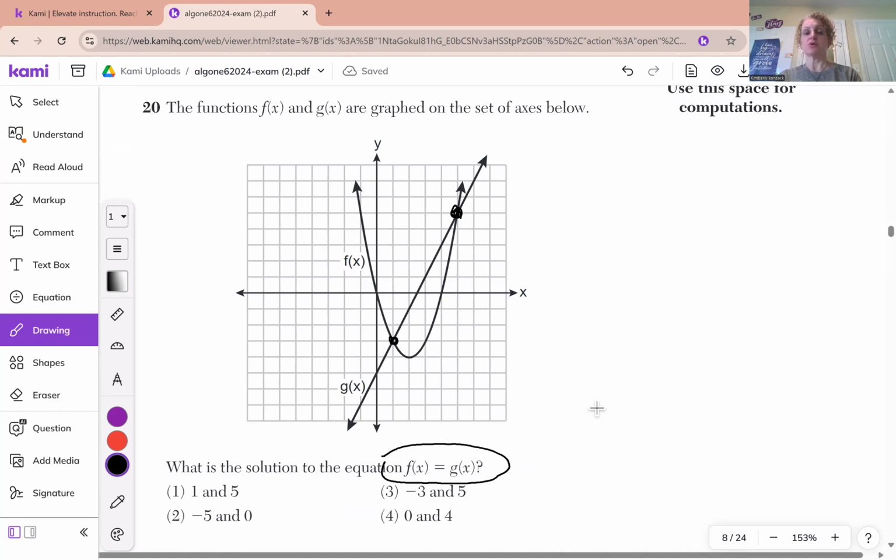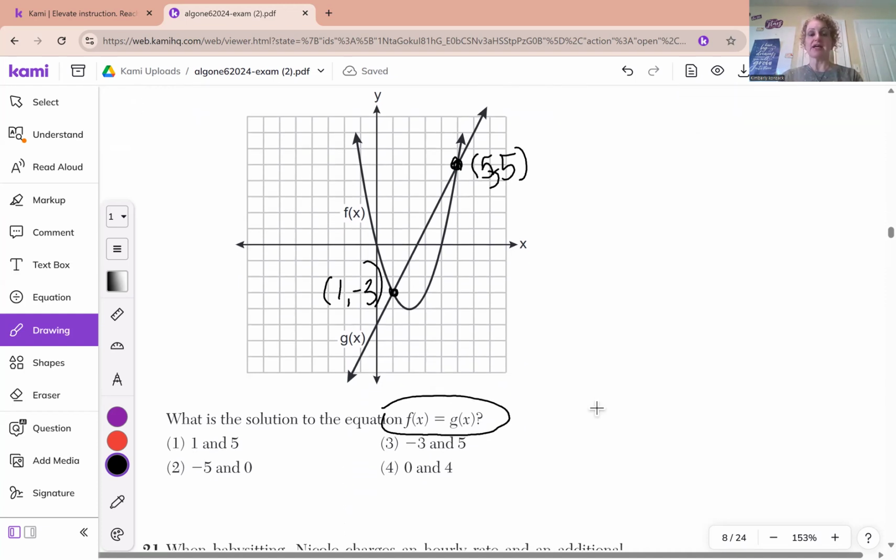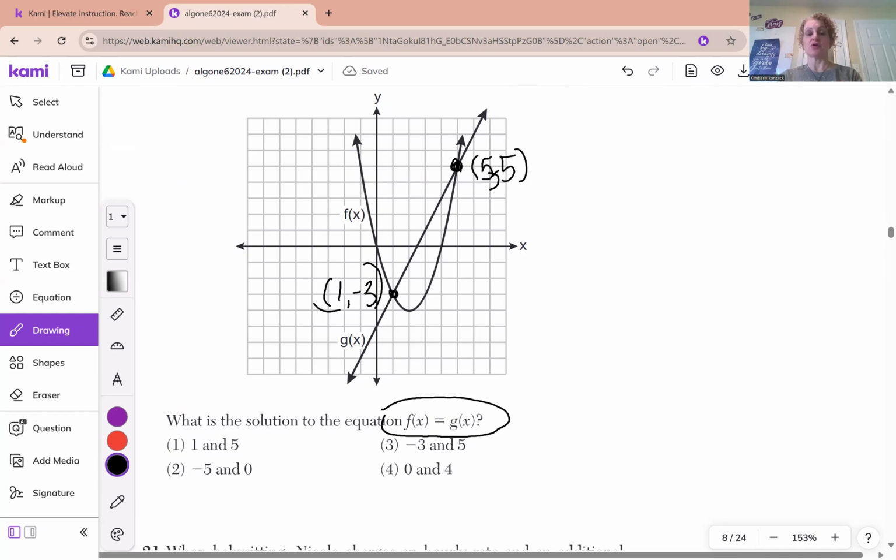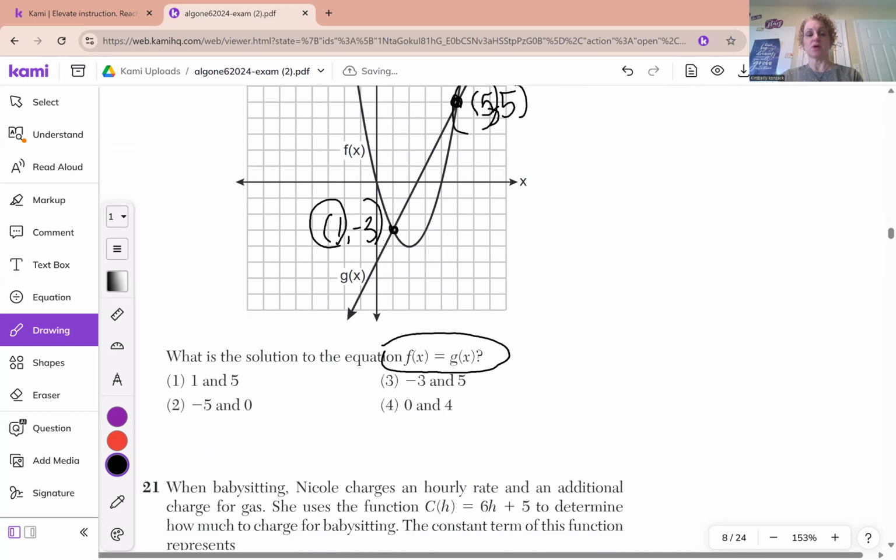This point is 1, 2, 3, 4, 5, so 5, 5. And this point is 1, negative 3. So when the y's are equal, what are the x values? The x values are 1 and 5, which is choice 1.